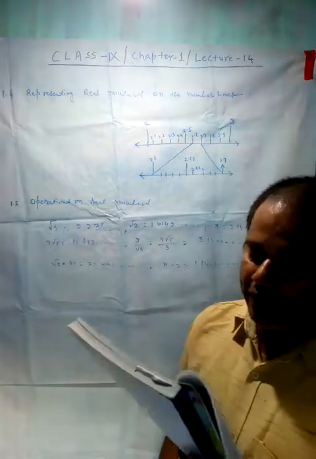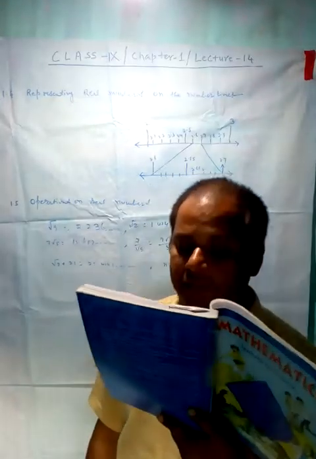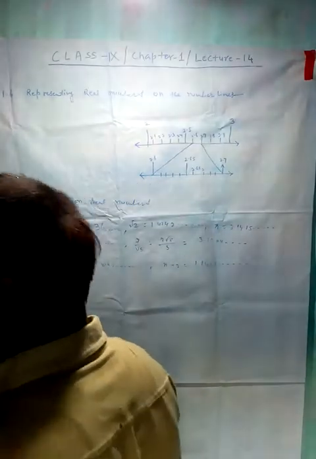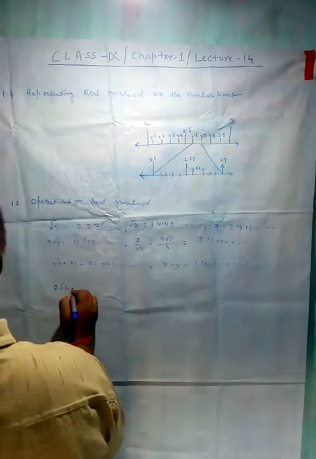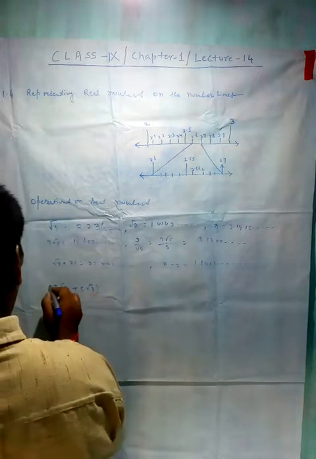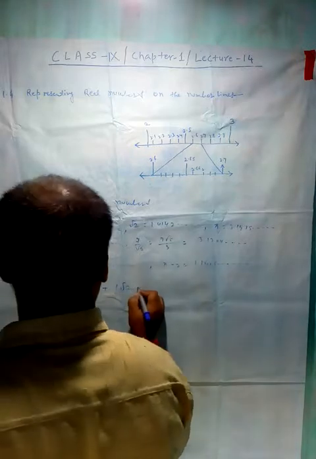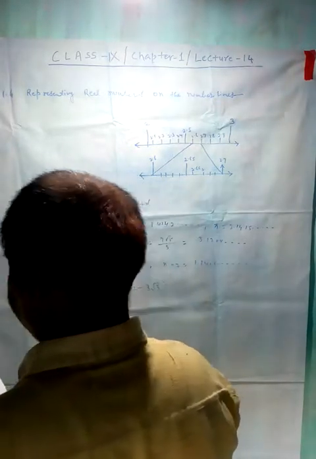Add 2 root 2 plus 5 root 3 and root 2 minus 3 root 3.